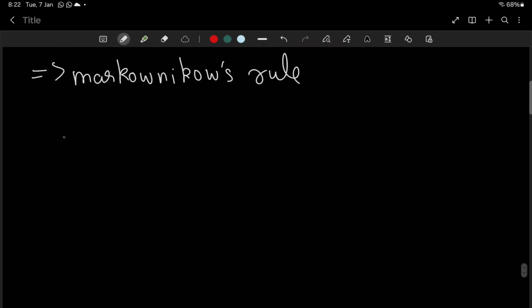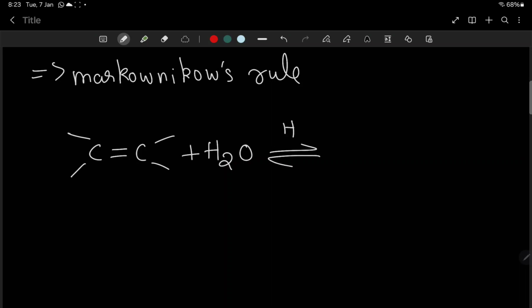There is also a mechanism given, but no need of mechanism now because we are at the last phase. No time for mechanism study and all. So to a double bonded alkene, we are adding water in presence of an acid. So acid catalyzed hydration. What happened?